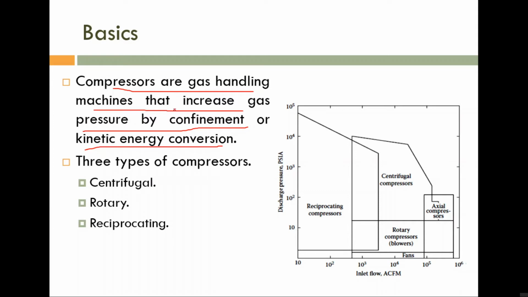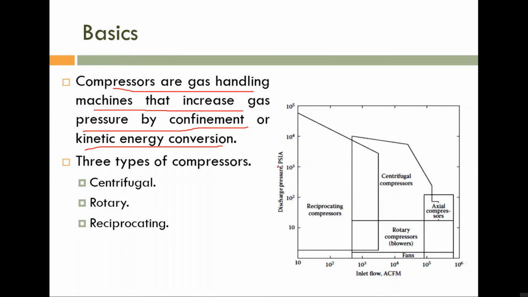I told you there are three different types of compressors: centrifugal, rotary, and reciprocating. And this is the region of application, from the discharge pressure and flow point of view.